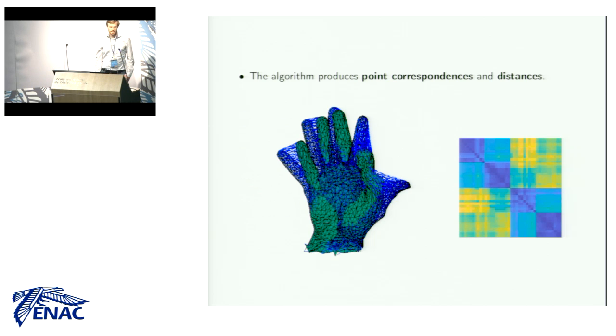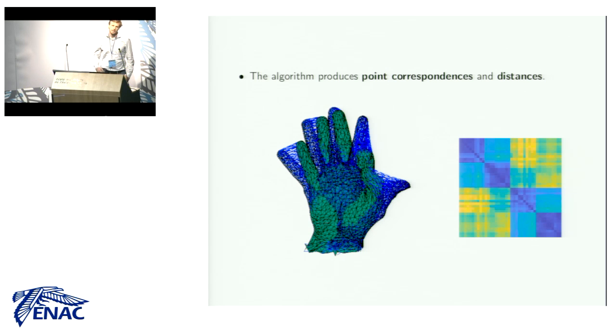The result in the end, just to give you a visual impression, is a point correspondence. In the left picture you can see two hands that are matched to each other, so you find corresponding points between these surfaces. In addition, you also get a distance between these two shapes, in this case these two hands.